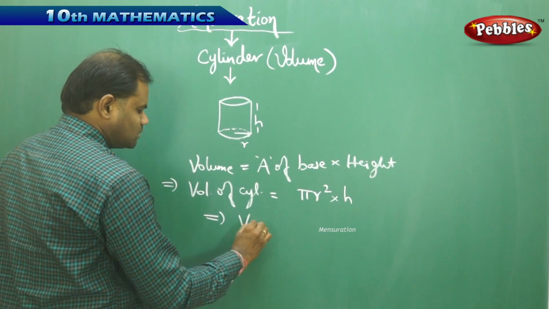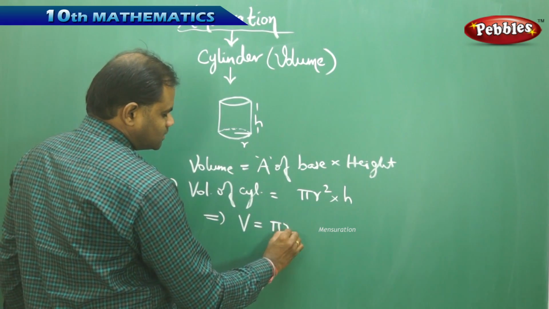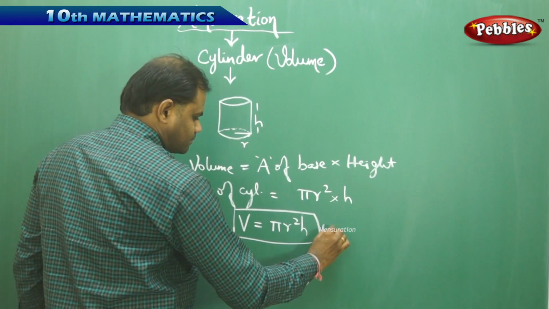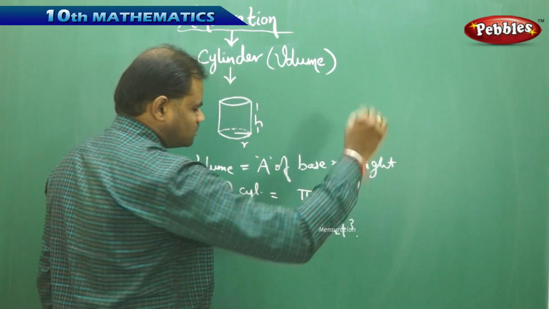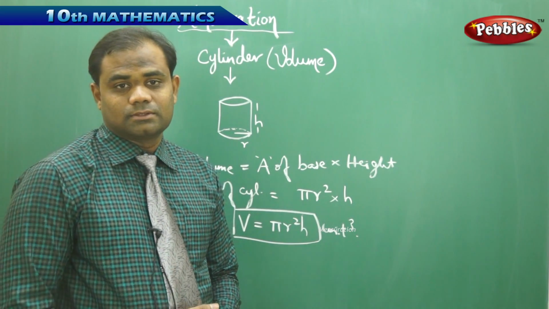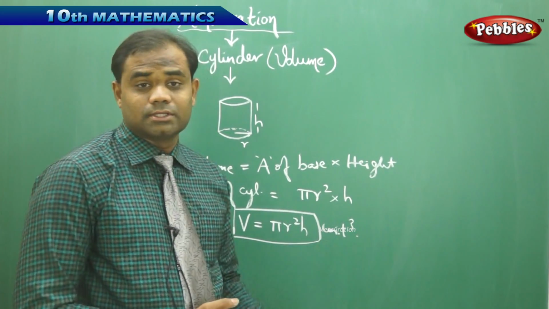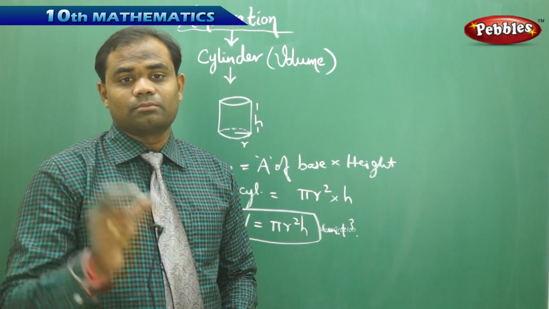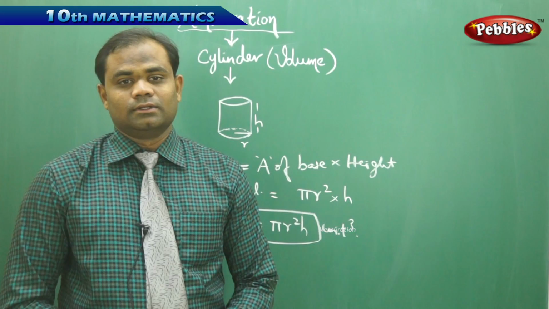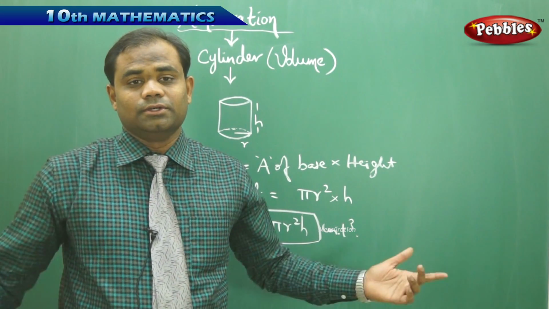That implies the volume of a cylinder is given by pi r square h unit cube. Units are very important in solving problems. Getting the answer and putting the units in mensuration has to be taken proper care of. This is how we get the volume of the cylinder, which is pi r square h unit cube.